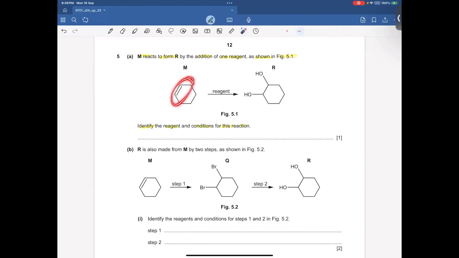So if it is an alkene and it gives you a diol, that means the reagent must be cold dilute potassium manganate(VII).